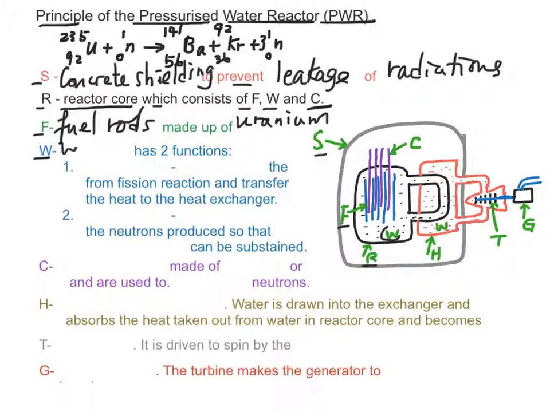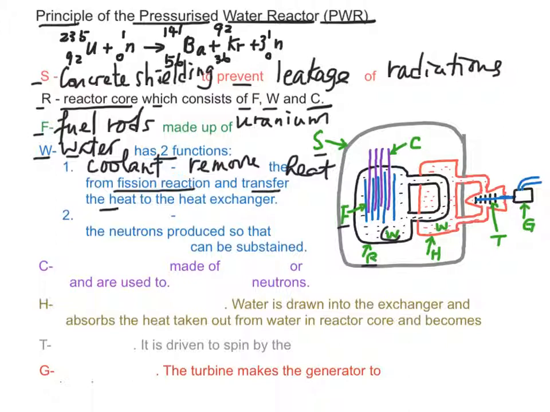W is water, which has two functions. The first function is that the water acts as coolant, which removes the heat generated from the fission reaction and transfers the heat to the heat exchanger.